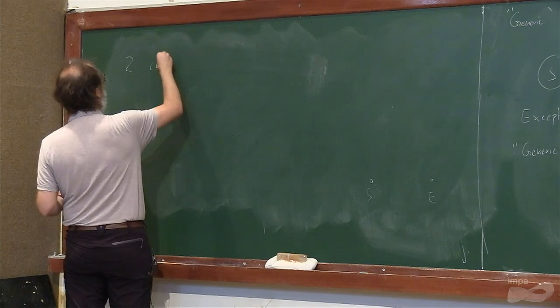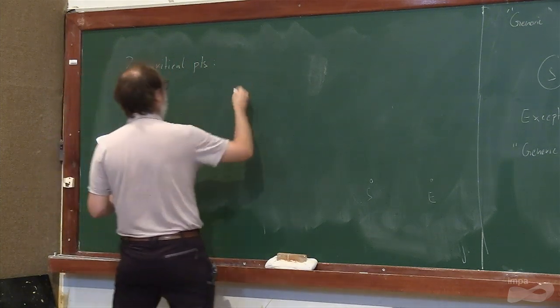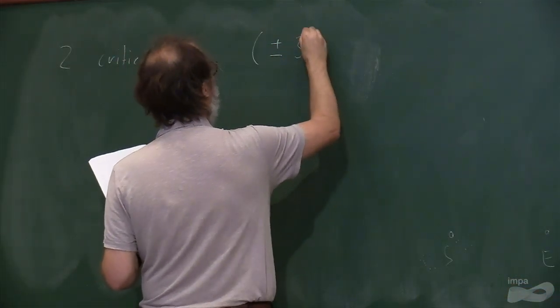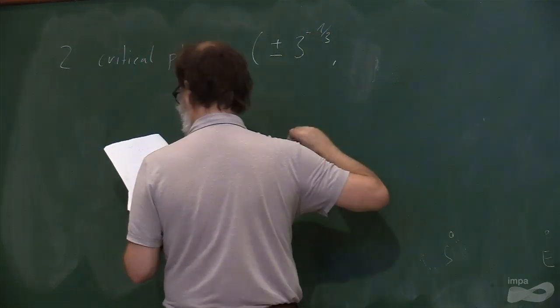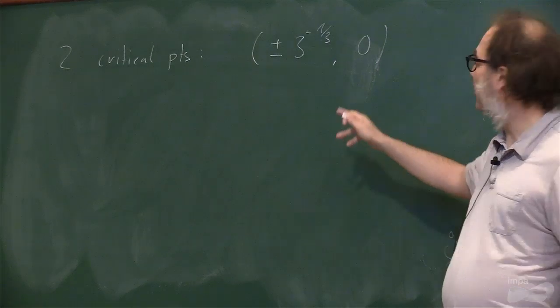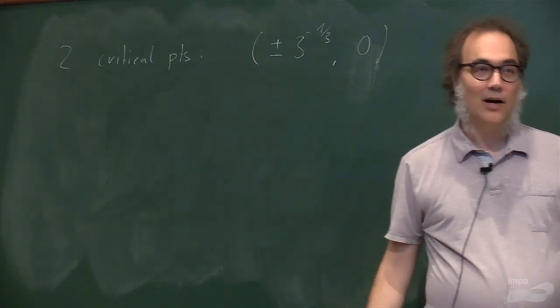There are two critical points. And as an exercise, you can also compute them. If you like number theory, it's a kind of funny number, plus minus 3 to the minus 1/3.